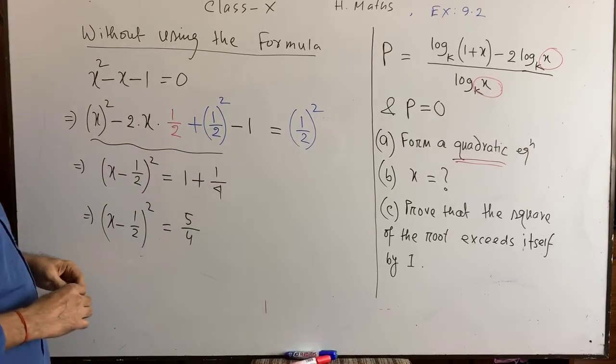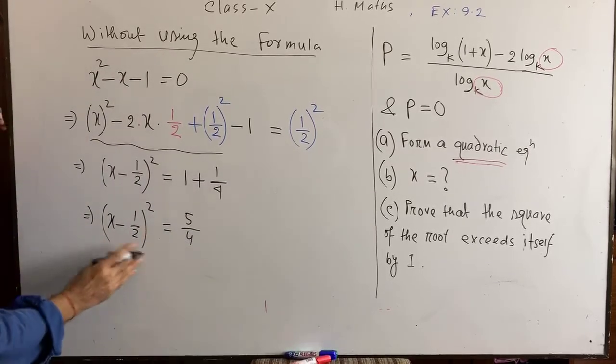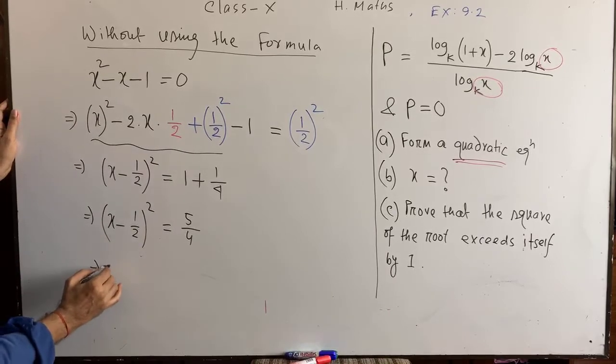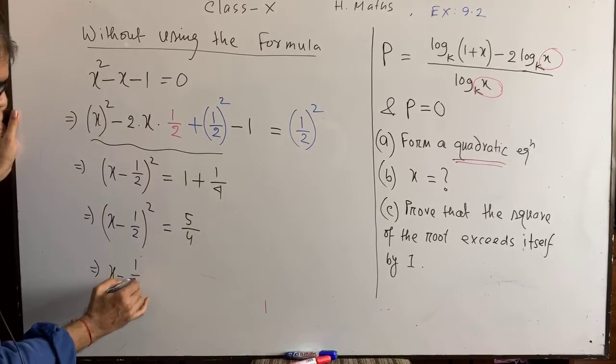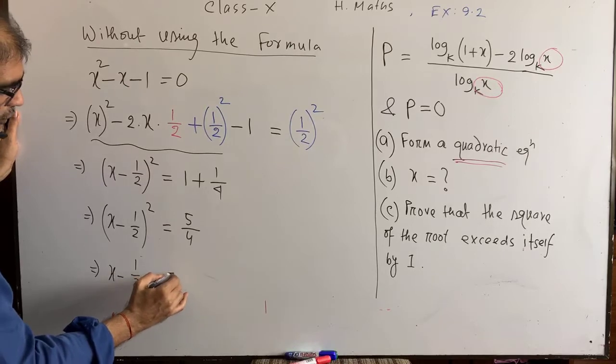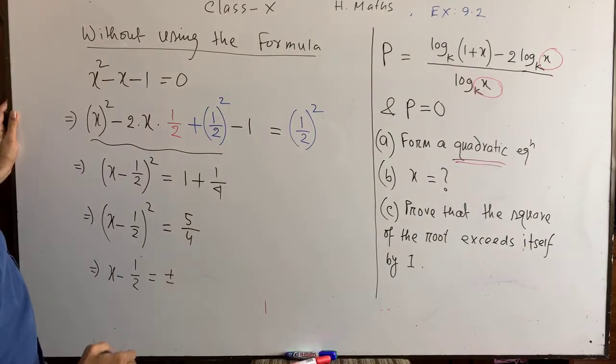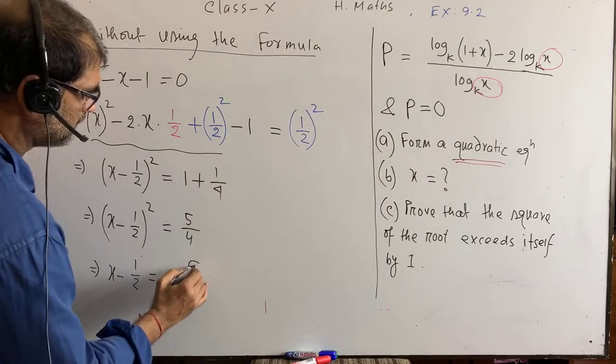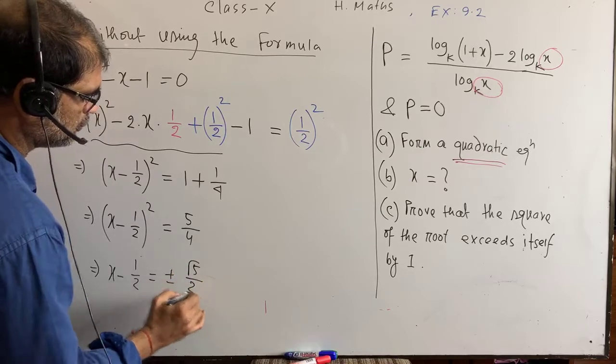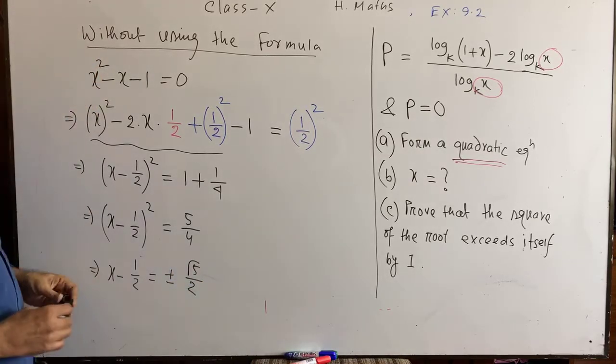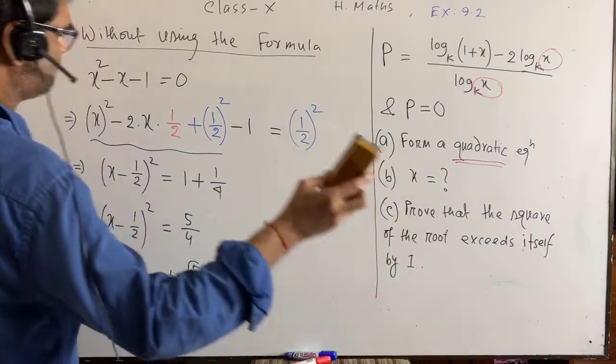Very good. That means here we can write x minus half is equal to plus minus root 5 by 2, by square rooting.